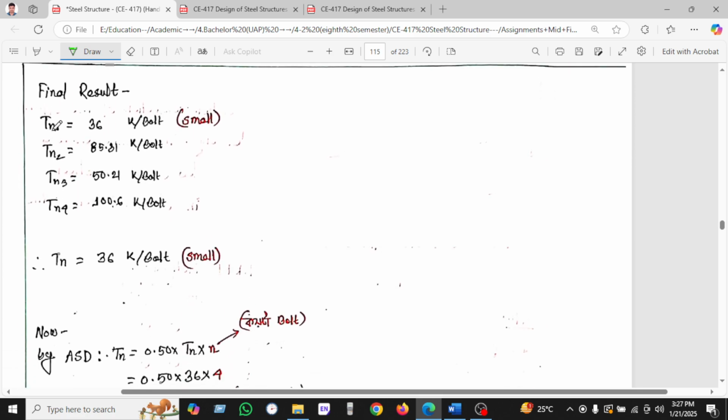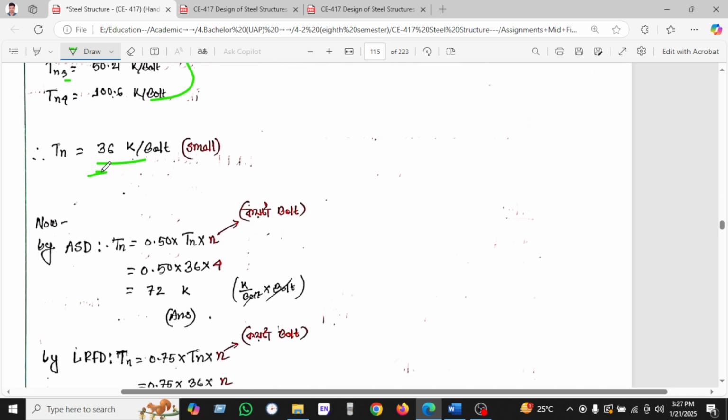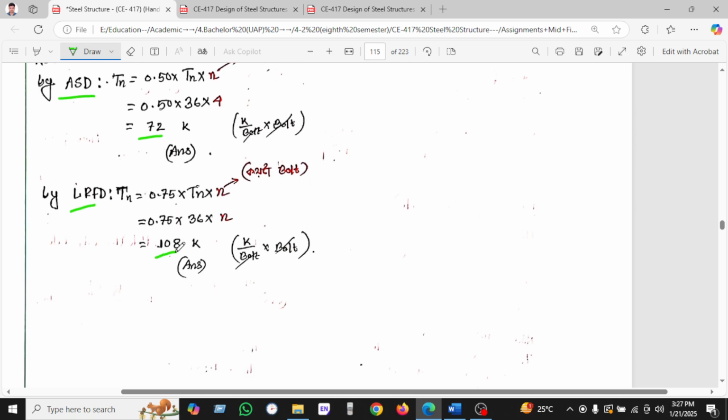So the final results we have seen: TN1 equals 36, TN2 is 85.31, TN3 equals 50.21 kip per bolt, and TN4 equals 100.6 kip per bolt. The smallest value we have found is 36. So we take the 36. Using the ASD method we found 72, and using the LRFD method we found 108.